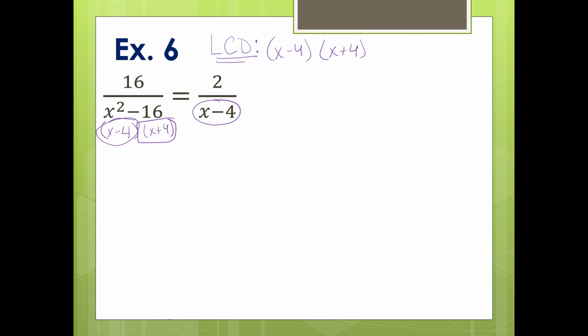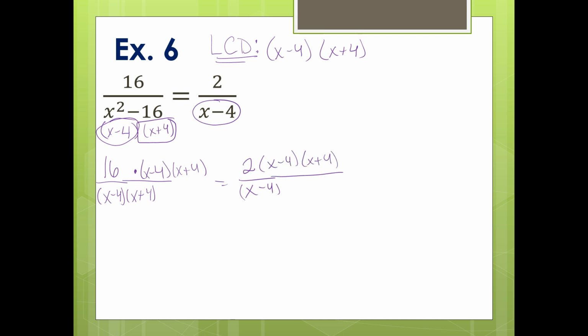That means we're going to multiply both of these things by x minus 4, x plus 4. The denominator of the first one is x minus 4, x plus 4, and we multiply it by x minus 4, x plus 4. This other one over here had x minus 4 on the bottom, and we multiply it by x minus 4, x plus 4.